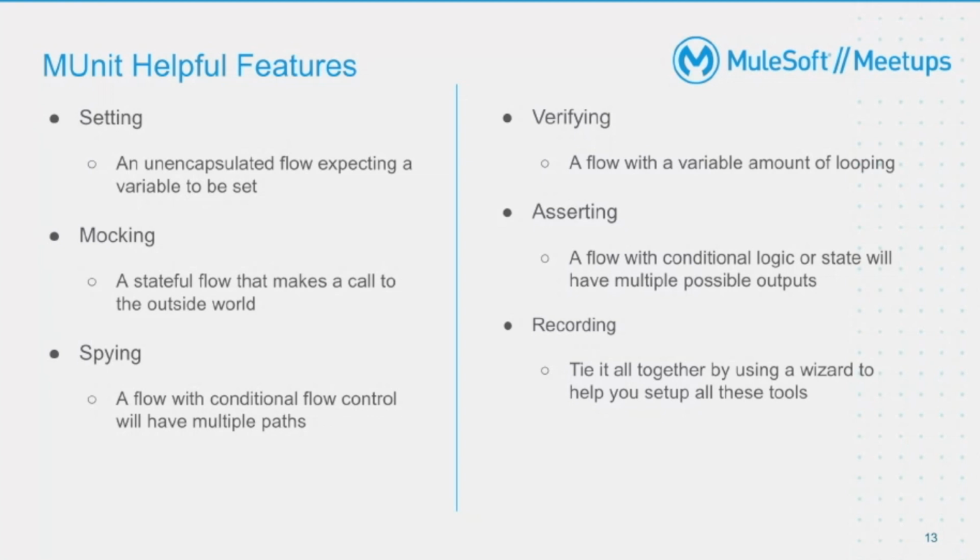Next, we have spying. So this is basically when you have a flow that has some kind of conditional flow control. It has multiple paths, and you want to make sure that given a certain state on one side of a control flow, on the multiple paths on the other side, it matches what you would expect.